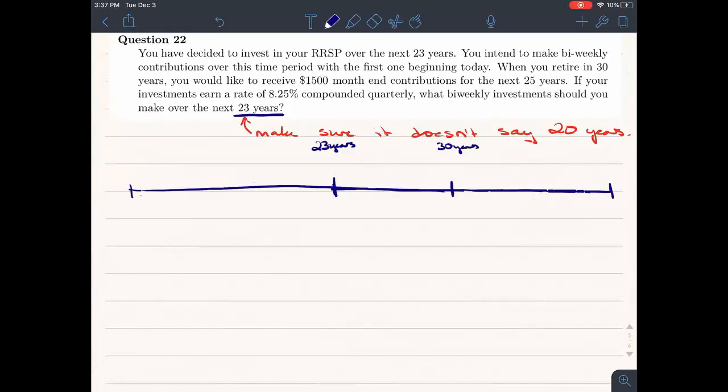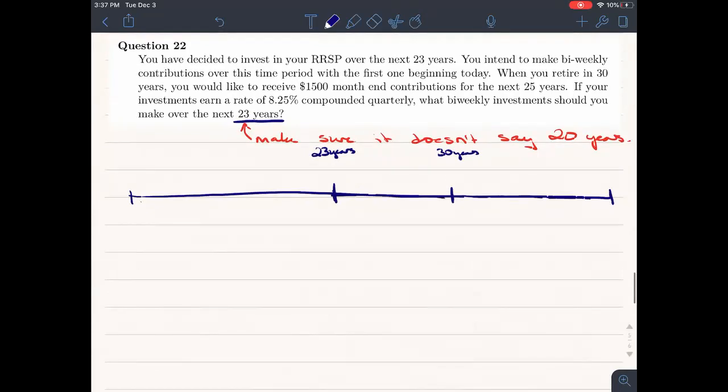When you retire in 30 years, and you want to get payments for 25 years, which puts you at 55 years, this distance is 25 years, this distance is 7 years, and of course this distance is 23 years.